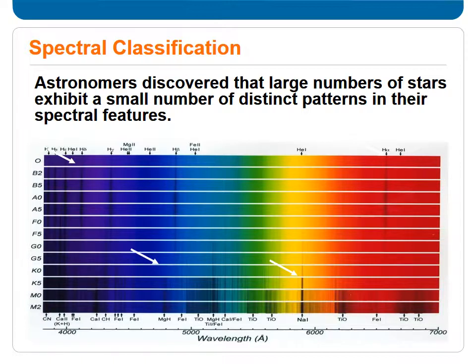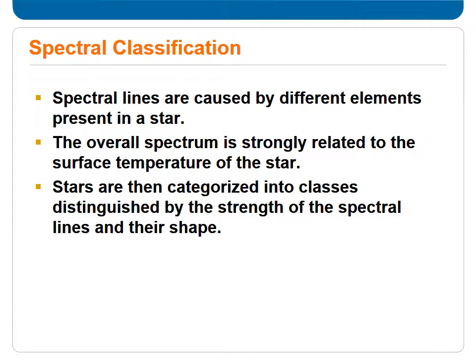Astronomers discovered that large numbers of stars exhibit a small number of distinct patterns in their spectral features. Spectral lines are caused by different elements present in a star. The overall spectrum is strongly related to the surface temperature of the star.